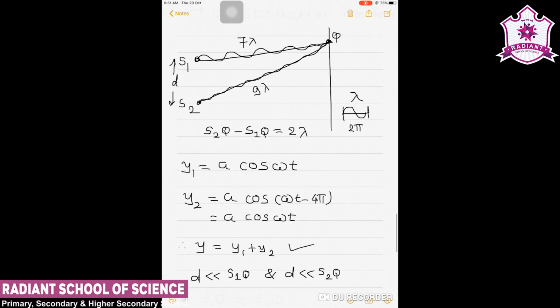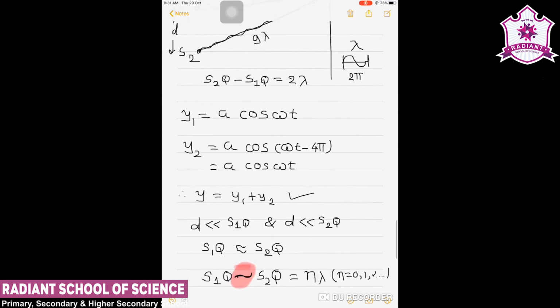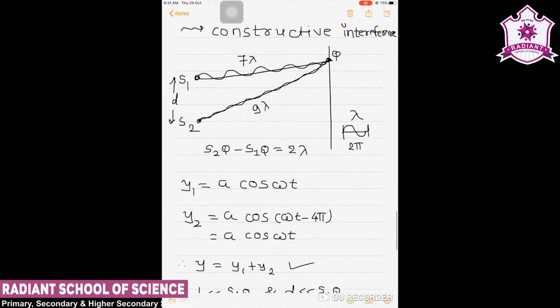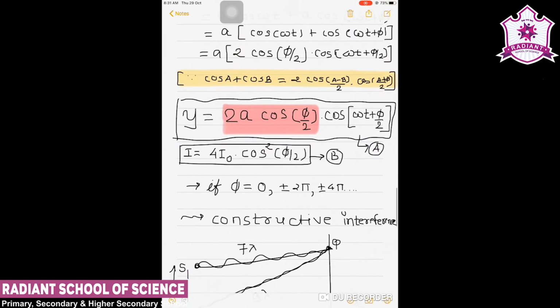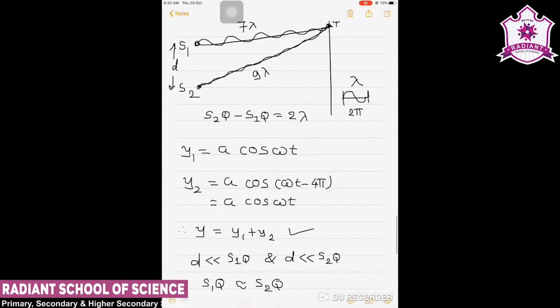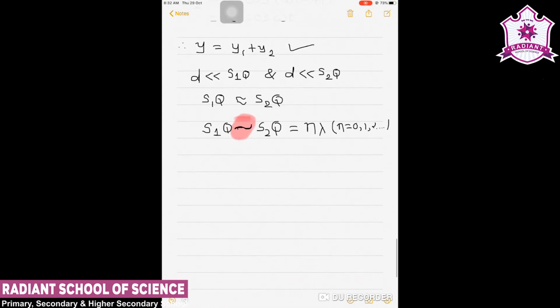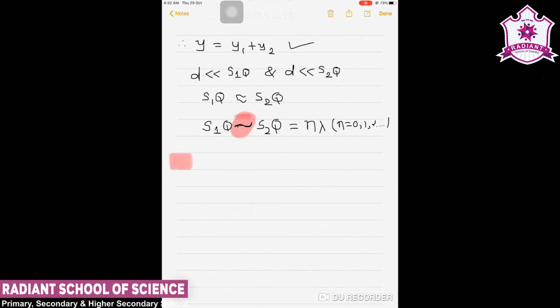So for equations A and B, if we have the condition for destructive interference, what does it mean?